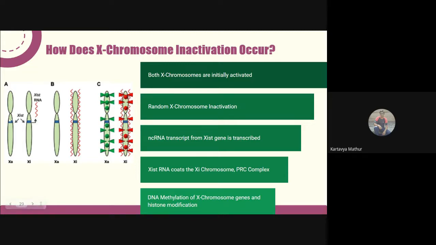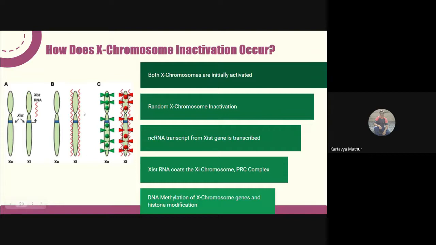As the name suggests, this center is responsible for controlling X inactivation. The gene XIST, which stands for X chromosome inactive specific transcript, is transcribed, and the non-coding RNA produced later covers the entire X chromosome, which is destined to get inactivated.